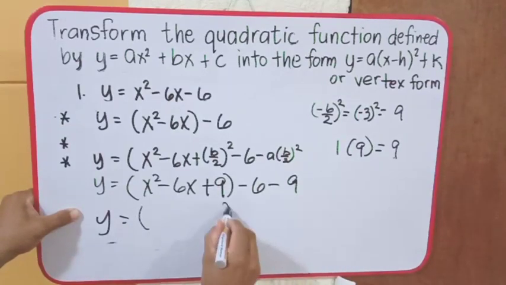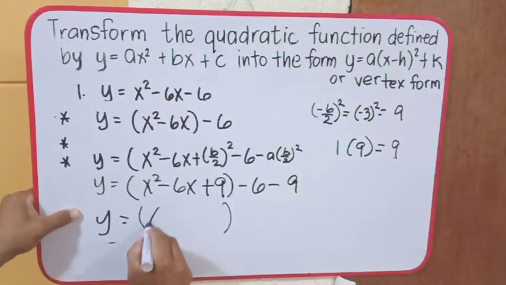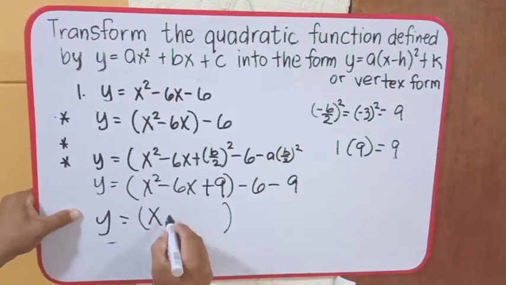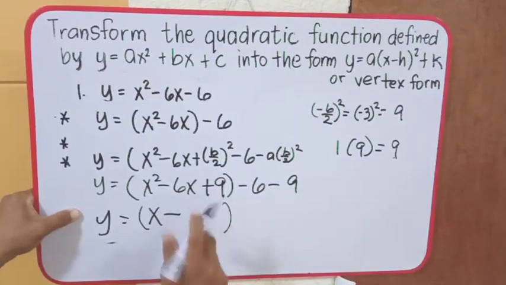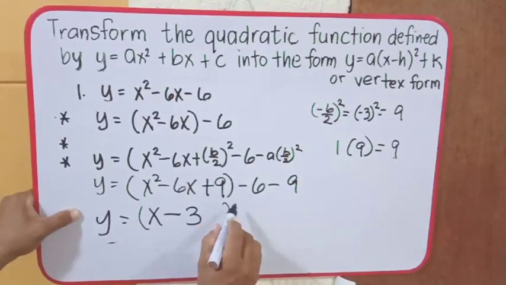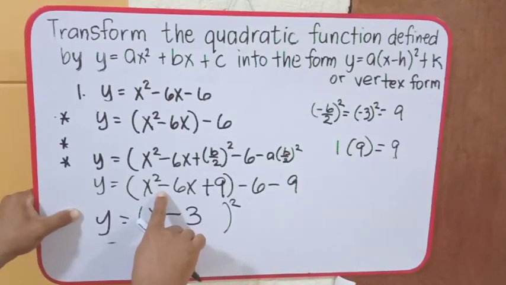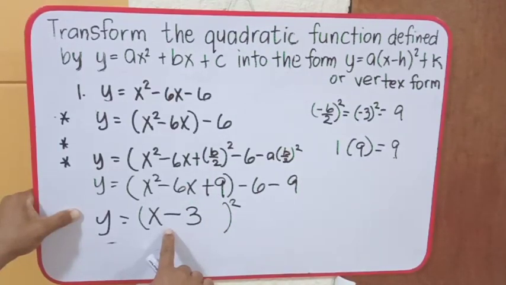So, napakadali lang to. Ano ang square root ng x squared ay x. Kokopyahin lang natin yung sign ng middle term. That is minus. At ang square root ng 9 ay 3. At lalagyan lang natin yung parenthesis natin ng exponent na 2. Kaya ang x squared minus 6x plus 9, gagawin natin square of binomial, that is equal to the square of x minus 3.